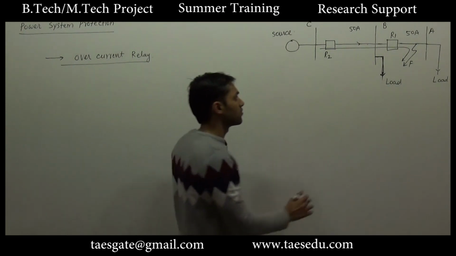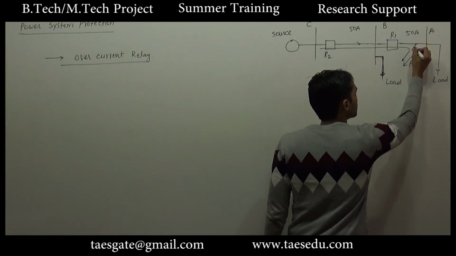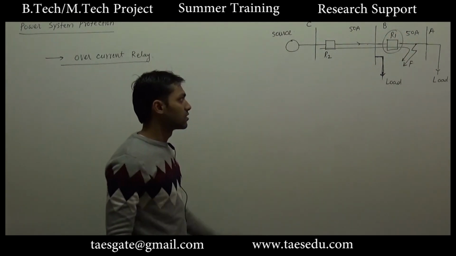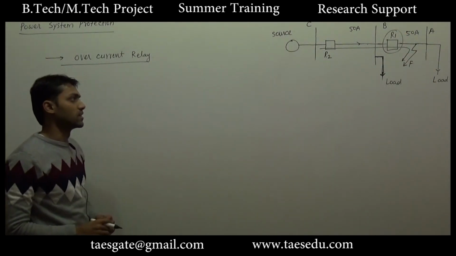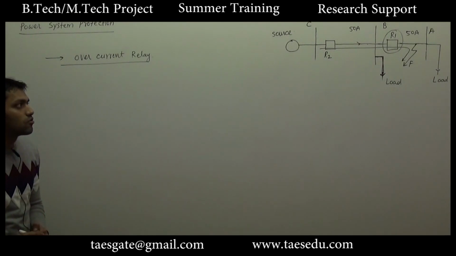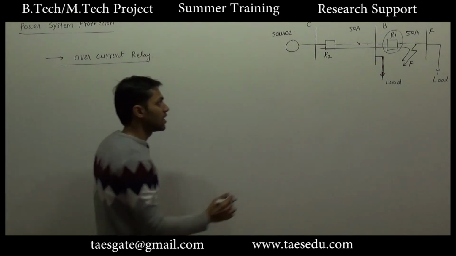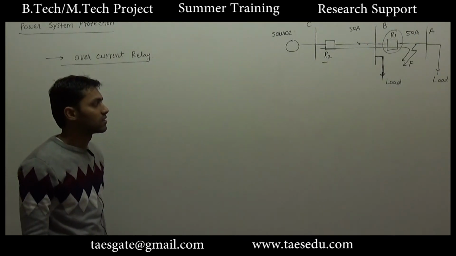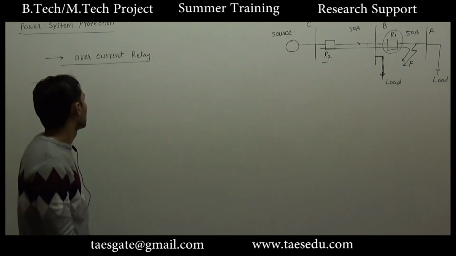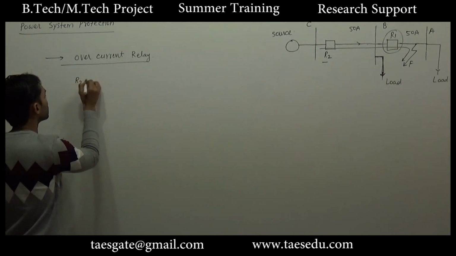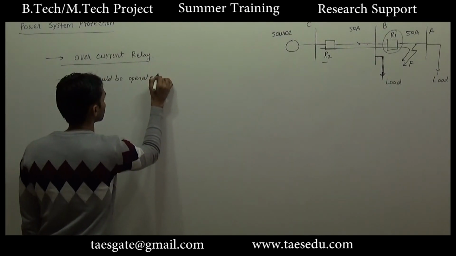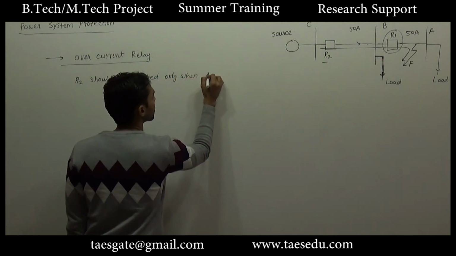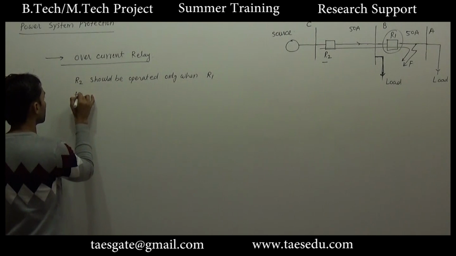So for this kind of fault, the desirable protection will be provided by relay R1. We want that for this fault R1 to be operated, and if R1 fails to operate, in that condition only R2 should be operated. Okay, R2 should be operated only when relay R1 fails to operate.